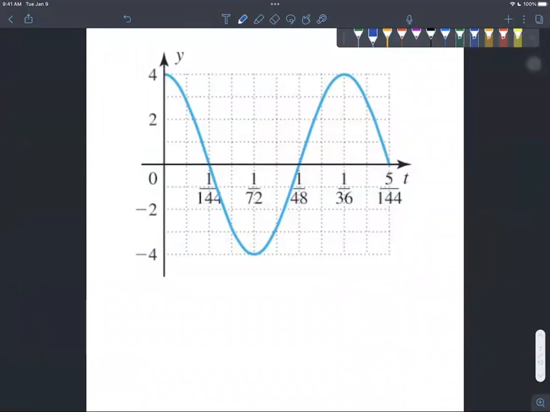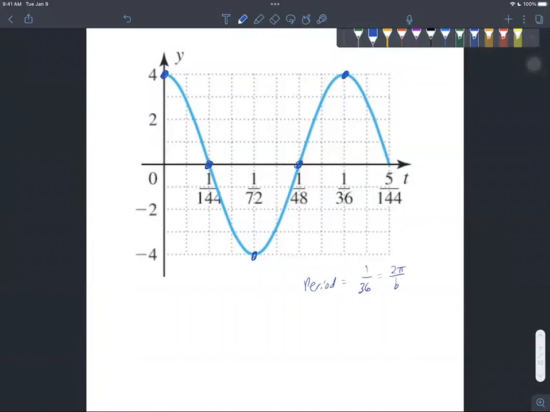I happened to take screenshots of a bunch of them that were cosine. Again, this one starts at a maximum, so we'll say it's a cosine function. It has a 0, a minimum, a 0, and then it resets here. So how long is a period here? A period is 1/36 of a unit, which is equal to 2 pi over b.